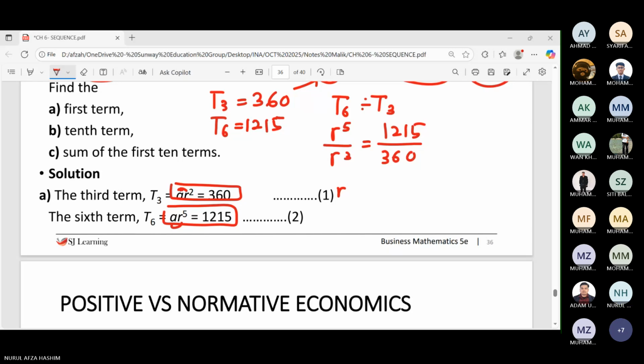What happened when R power of 5 is divided by R power of 3? What happened to the index number?